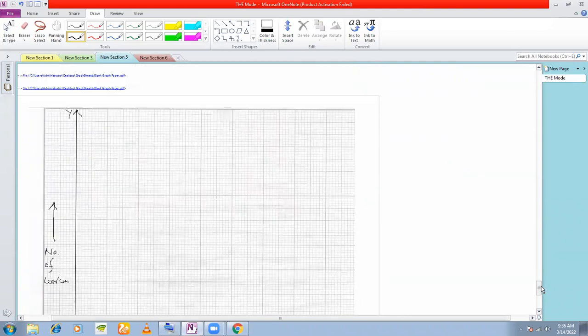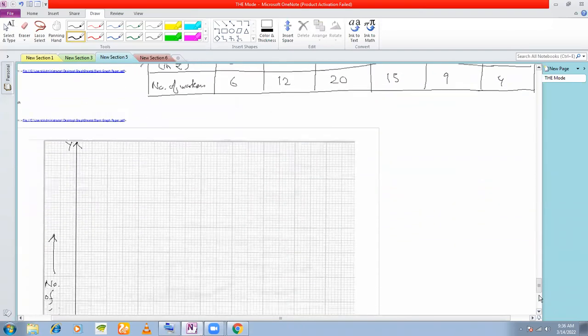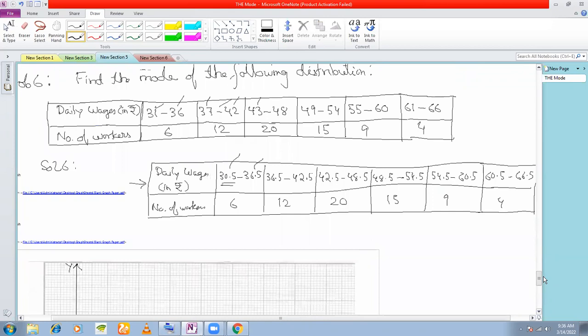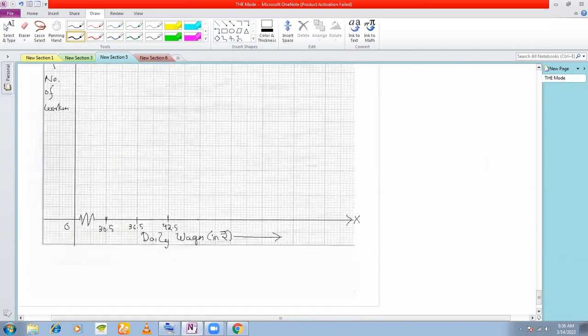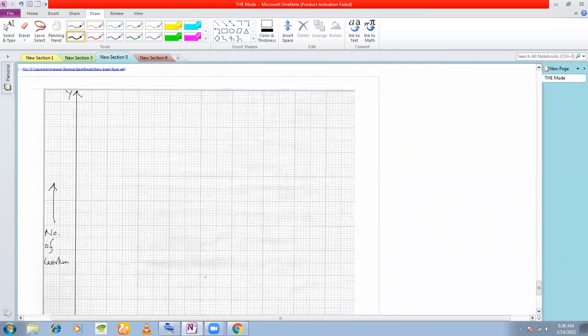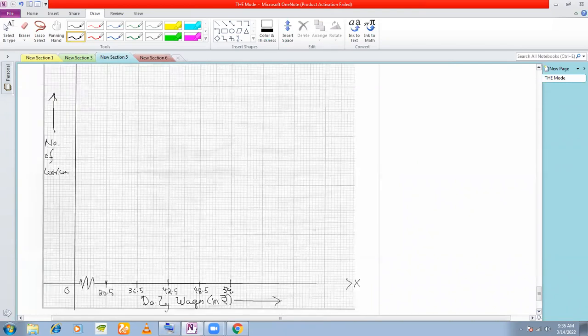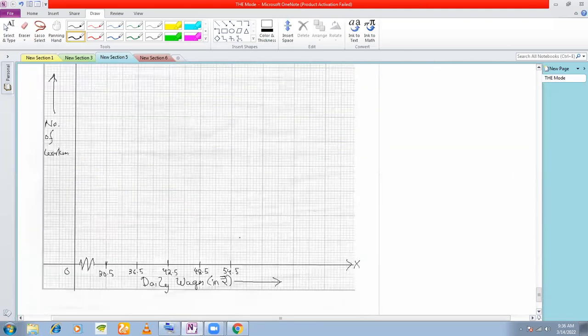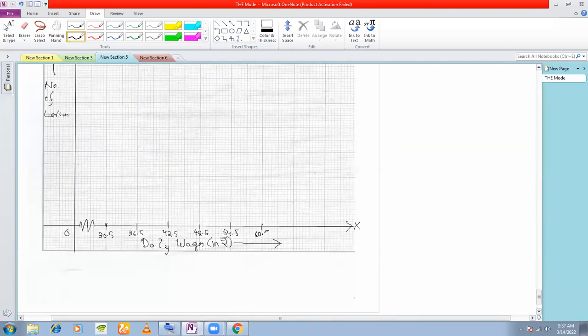And what is the next one? You have 42.5. Okay. The next one is 48.5. The next one is 54.5. The next one is 60.5 and finally 66.5. And what is the scale that we are taking here?